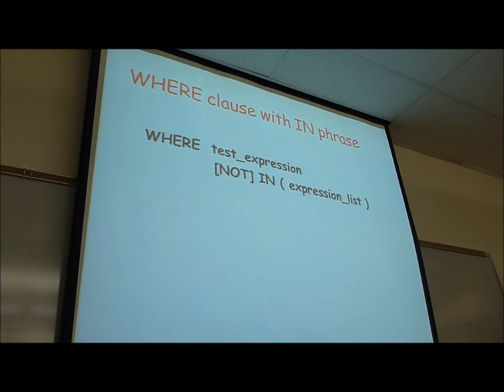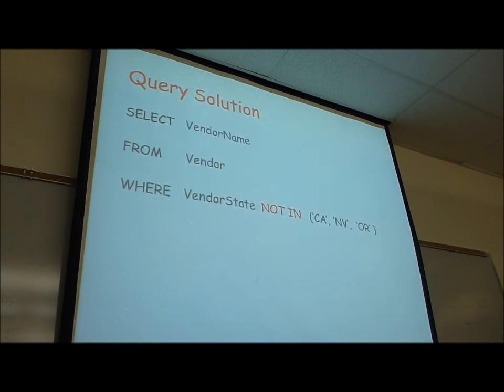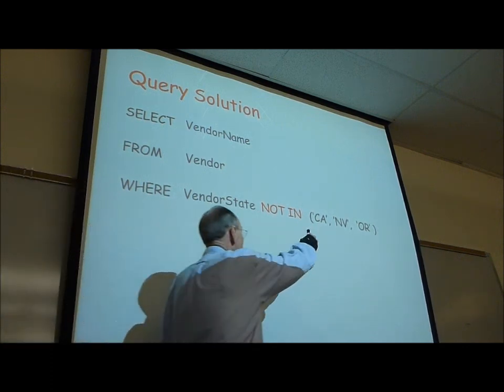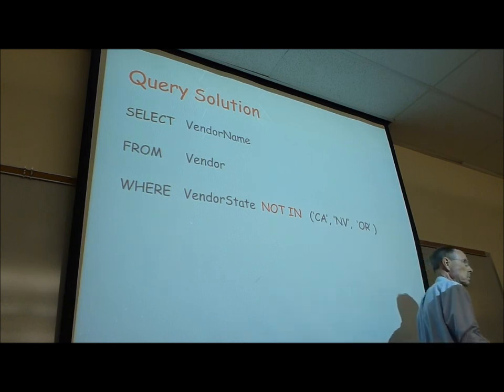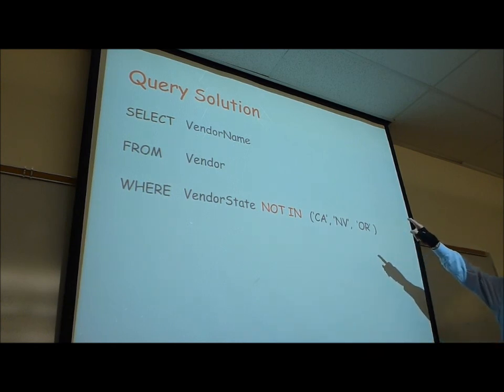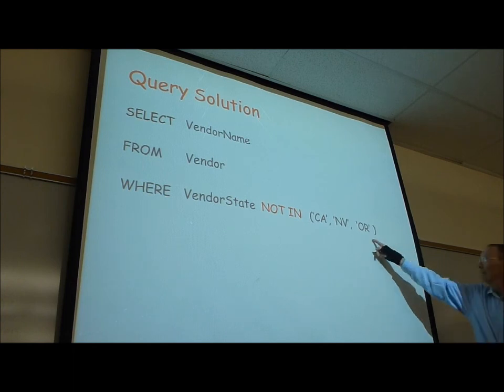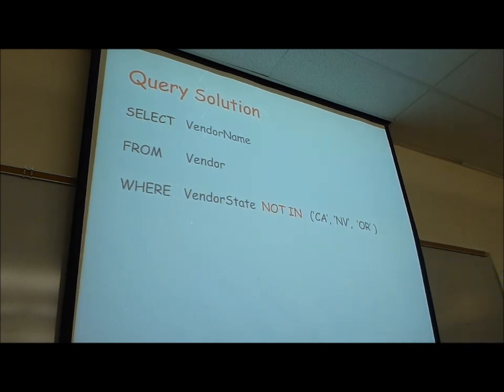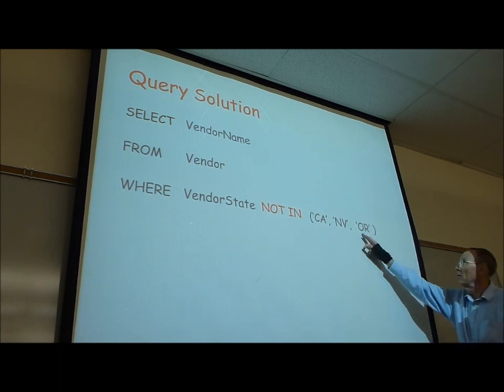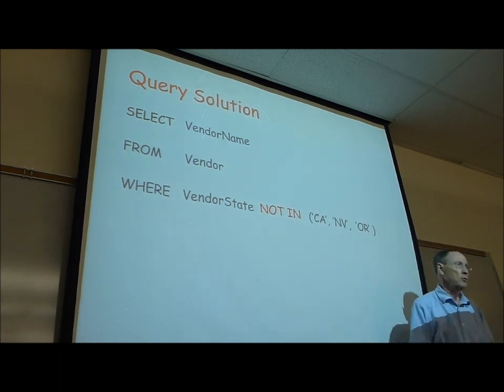So, translating that. Okay. Boy, that's nice. But this really is a shorthand or. And so vendor name, show me all the vendors that are not in this group. I put the quotations around these because this really is a literal string.